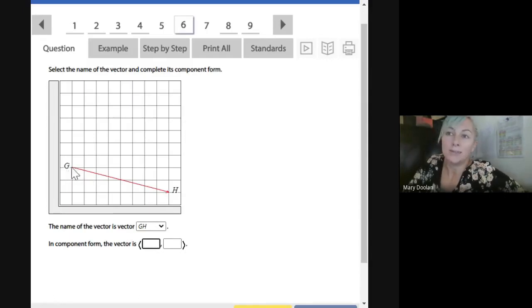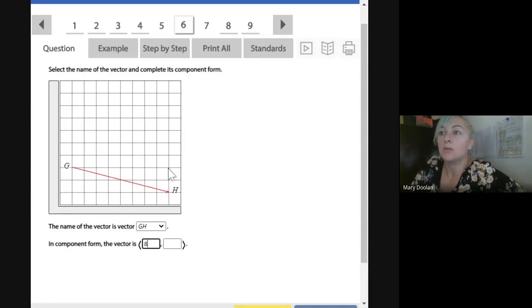How do I get from point G to point H? So in the first box is the x coordinate, which tells me how far right or left I move. So to get to H, I'm going to have to go to the right, which is a positive number. 1, 2, 3, 4, 5, 6, 7, 8. So this is going to be an 8 on mine.